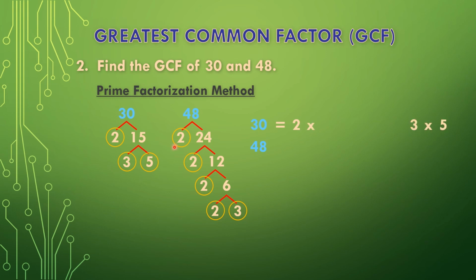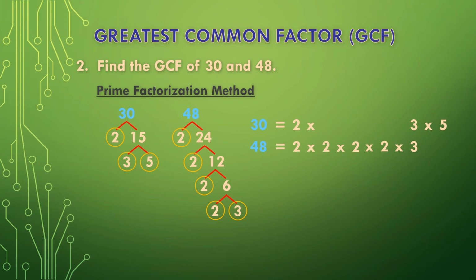The prime factors of 48 are 2, 2, 2, 2, and 3. Therefore, 48 is equal to 2 times 2 times 2 times 2 times 3. Now that we have expressed 30 and 48 as products of their prime factors, finding the GCF is relatively straightforward.